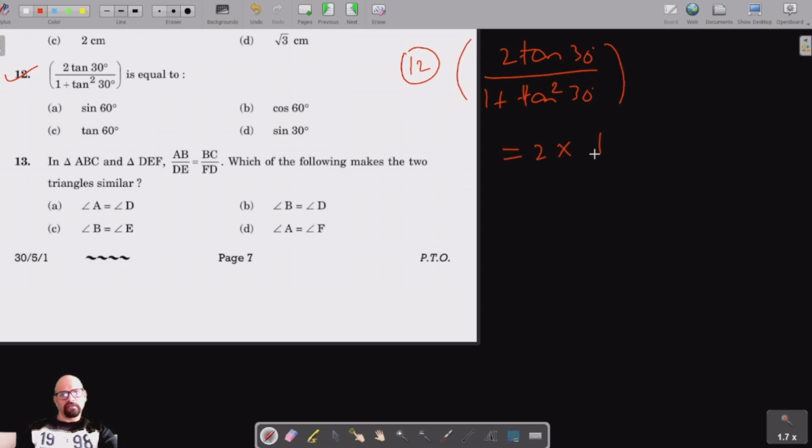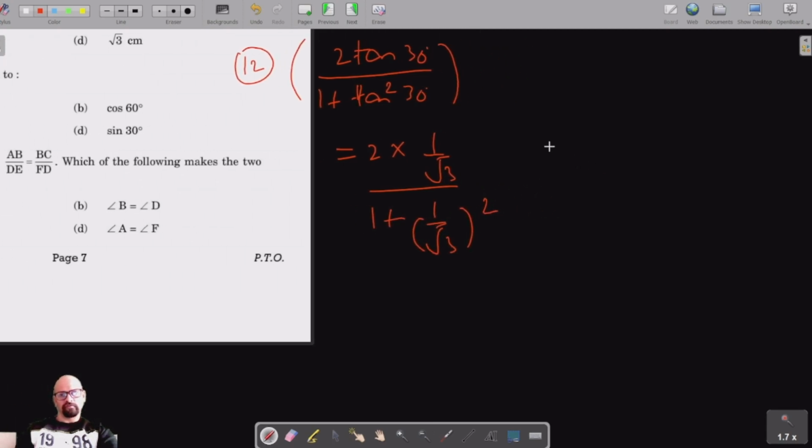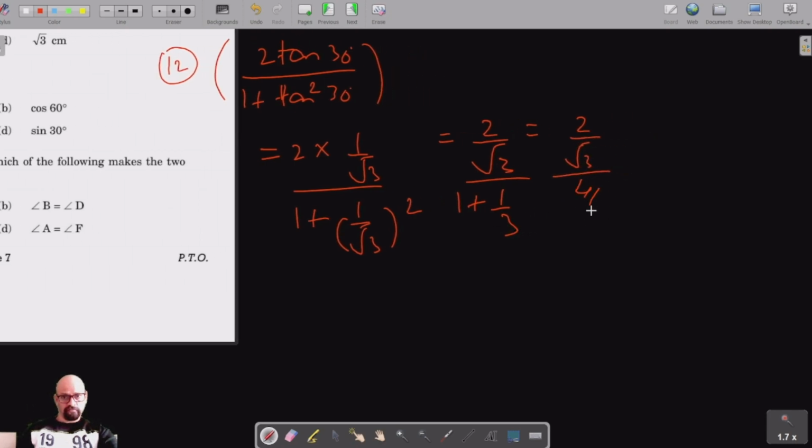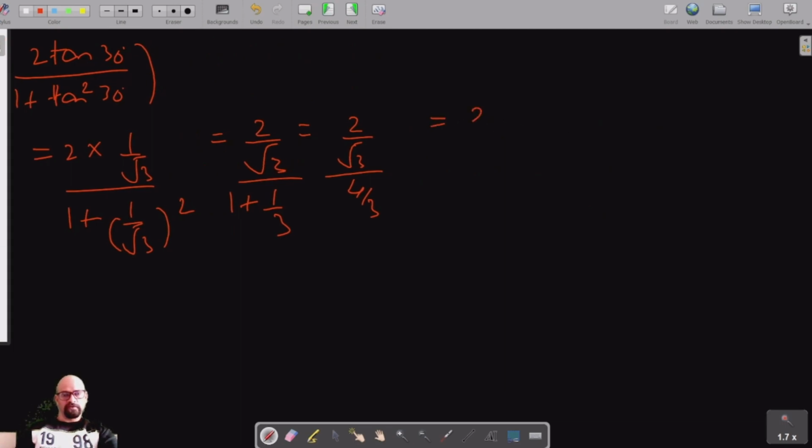Tan 30 is 1 by root 3, and tan square 30 is 1 by root 3 the whole square. So this is now 2 by root 3 upon 1 plus 1 by 3. So this is 2 by root 3, and this is 4 by 3, which is equal to 2 by root 3 into 3 by 4.